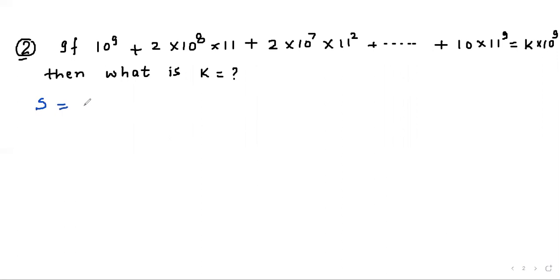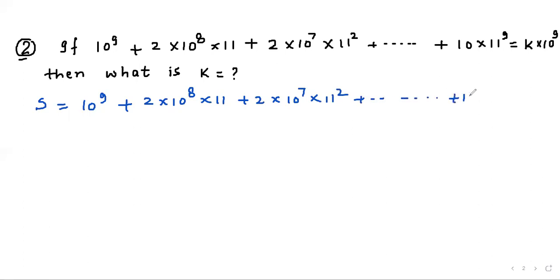We write S equal to 10 power 9 plus 2 into 10 power 8 into 11 plus 2 into 10 to the power 7 into 11 square plus dot dot dot plus 10 into 11 to the power 9.